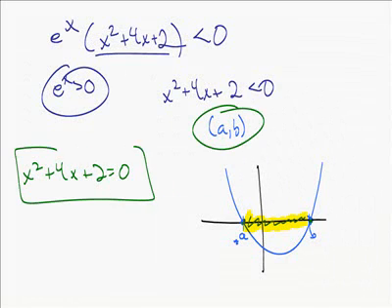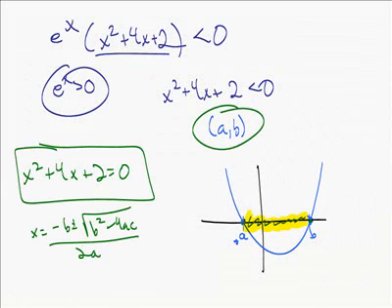You probably need to use the old quadratic formula on this one: negative b plus or minus the square root of b squared minus 4ac, all divided by 2a, where a is equal to 1, b is equal to 4, c is equal to 2. Alright, good luck on that, and good luck on your 3.2 homework.